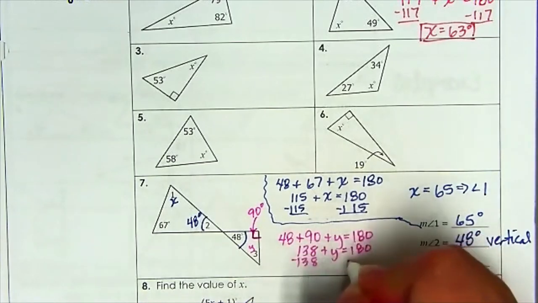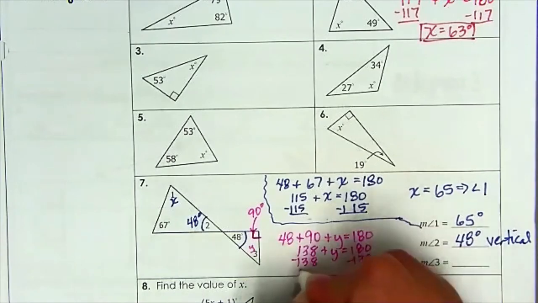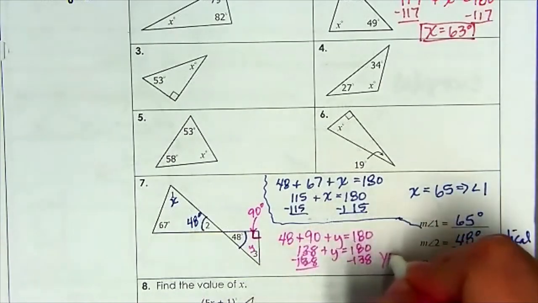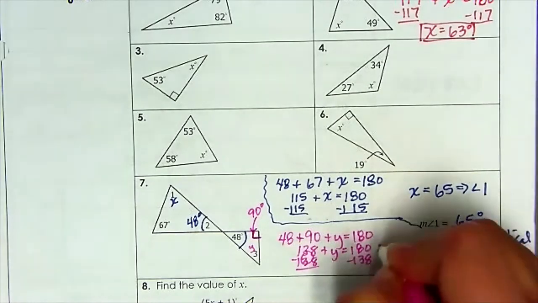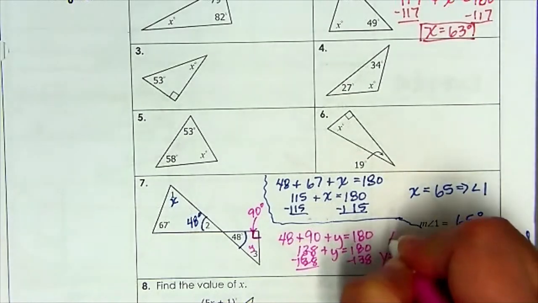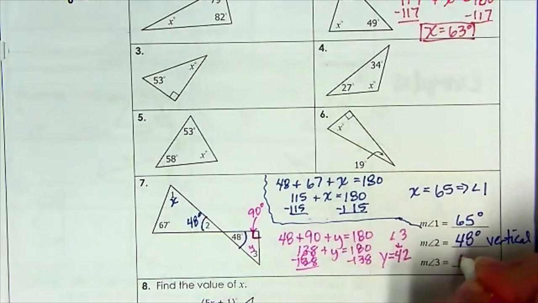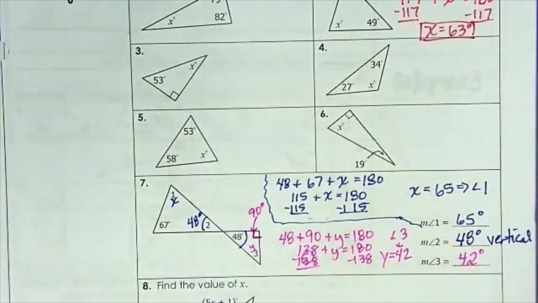Subtract the 138. This zeroes out and we get that Y equals 42. So angle 3 is 42. And we have found all of those measures. Okay. Next example.